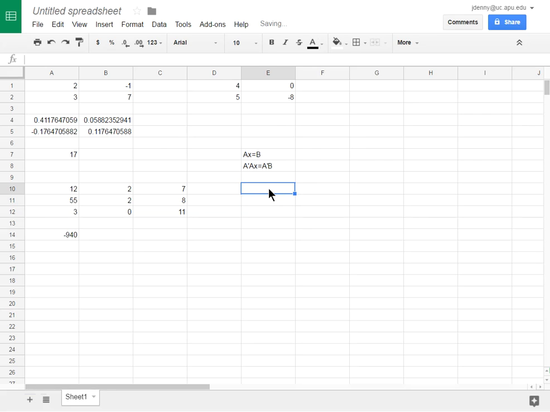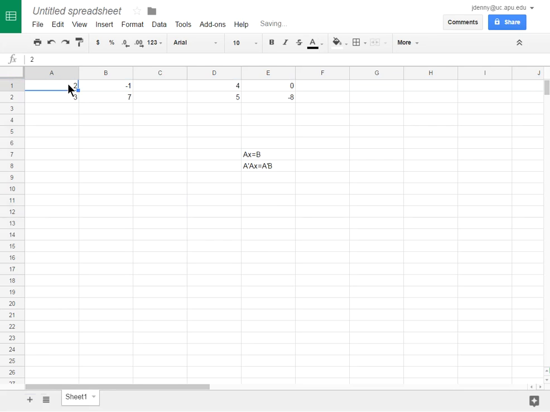Okay, so with that in mind, let's suppose we have a matrix A with numbers. Let me get rid of this.